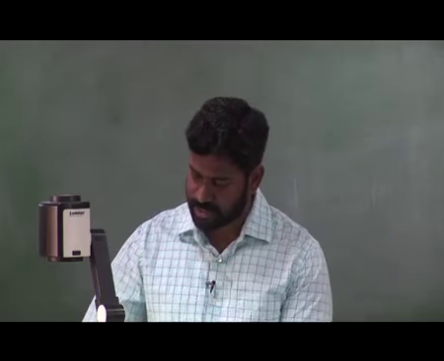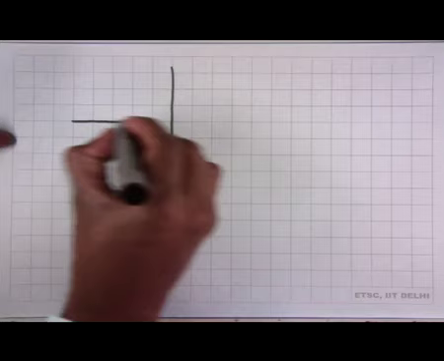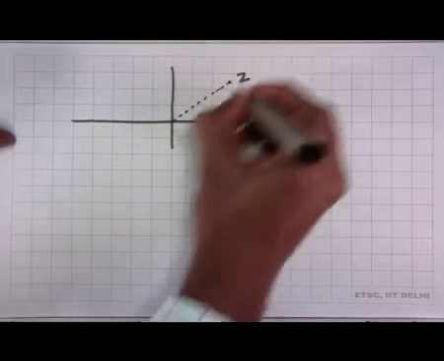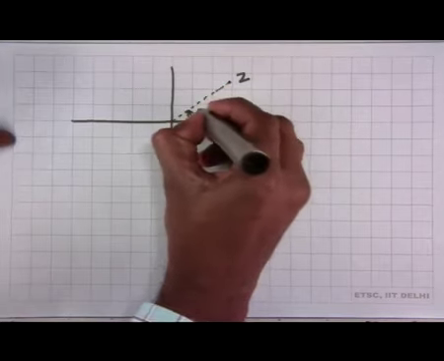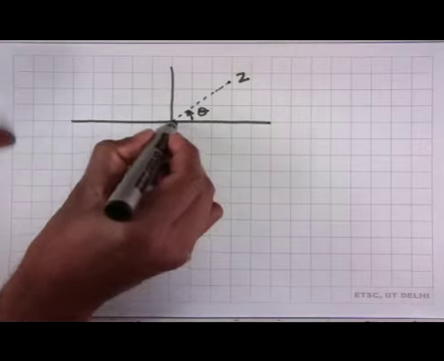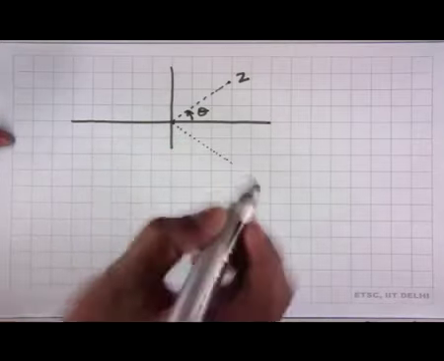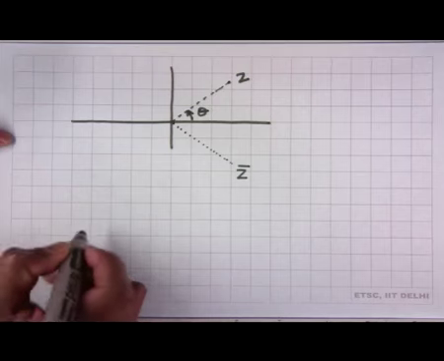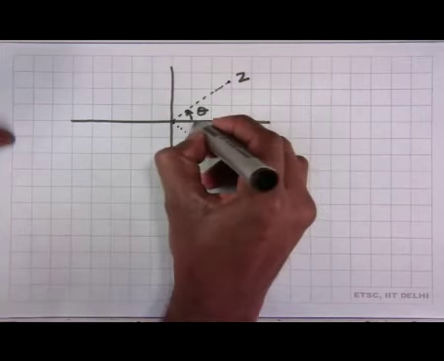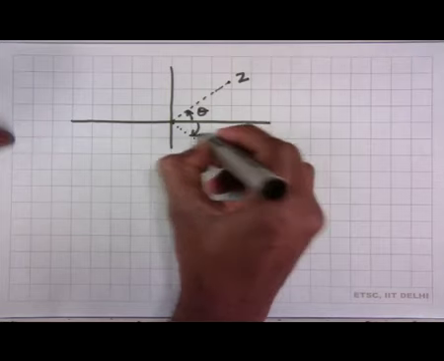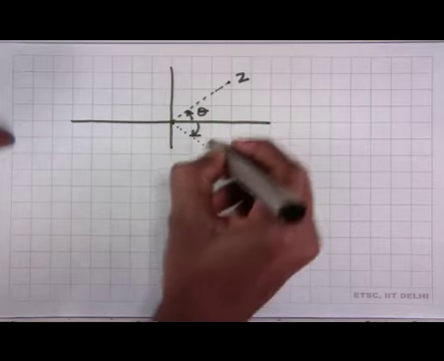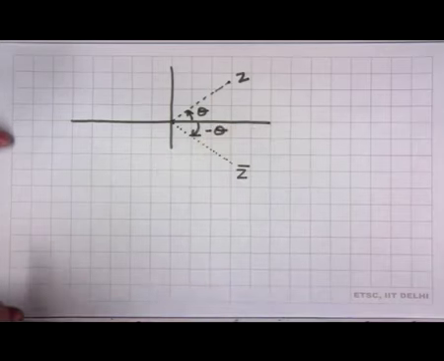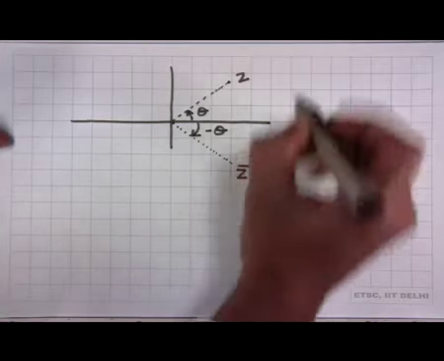Let us generalize this example. Suppose we have a point z in the complex plane with the angle theta. Now, we take exactly its reflection, which is z bar. We know its angle is theta, but by our convention we measure it as minus theta. Let us see what polar representation we get.